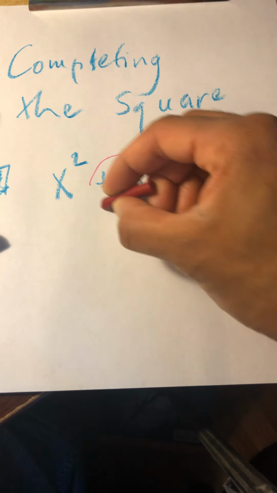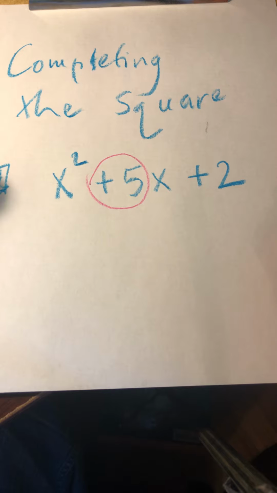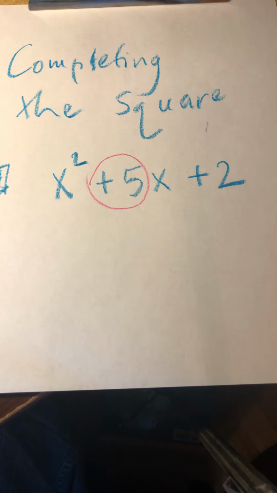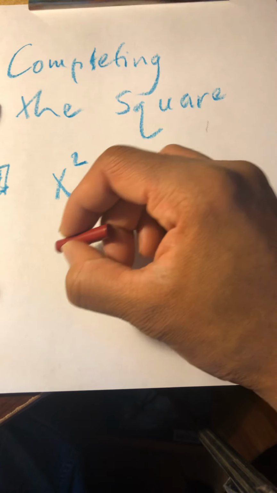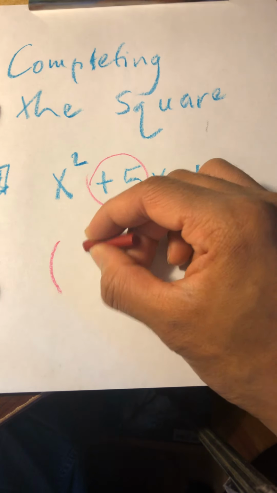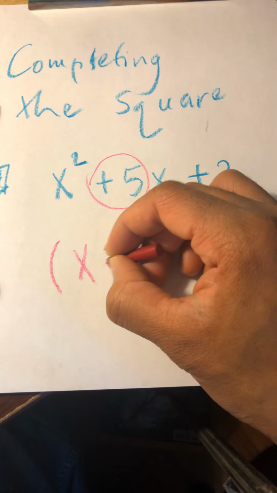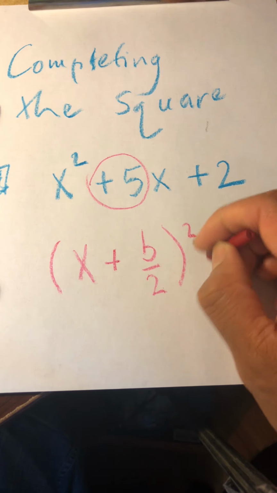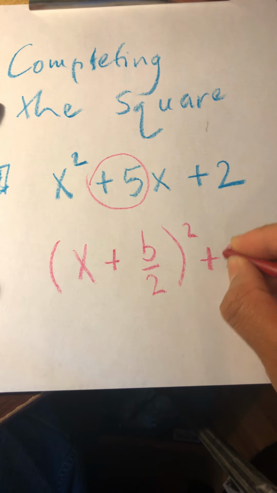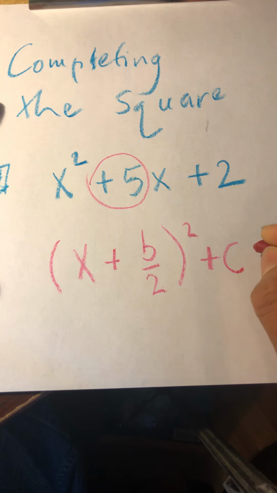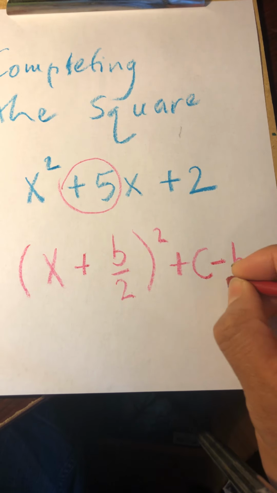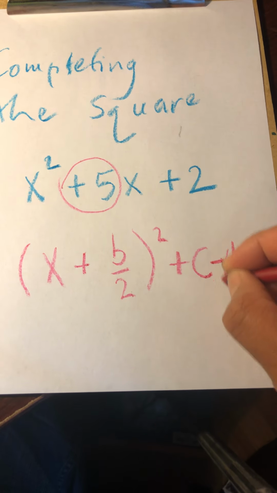Okay, so in this case we have a is equal to 1. We're not working with things in which a is not 1. So a is 1 here. So therefore, what we're looking for in the end is something that has the form (x plus b over 2) squared plus some number c minus (b over 2) squared.